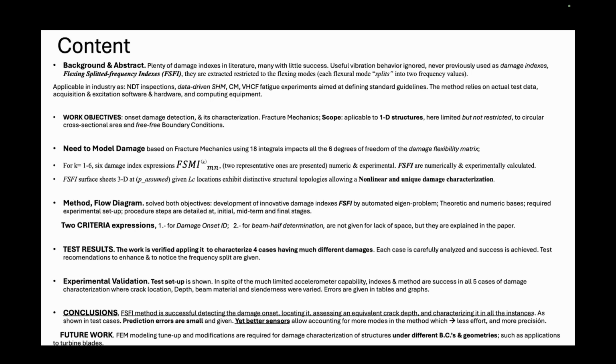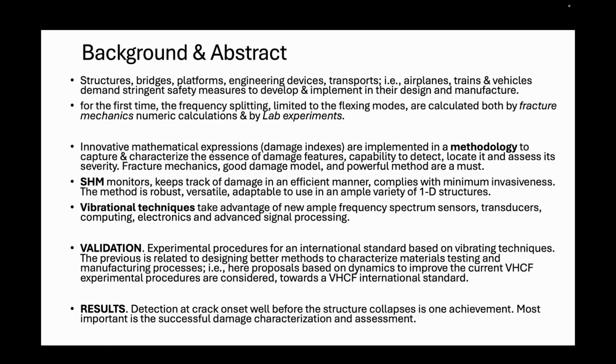There were 4 cases, and finally the conclusions on this method. The background is that we can use this in an industrial environment, simple ones, not too much details, but applications wise.